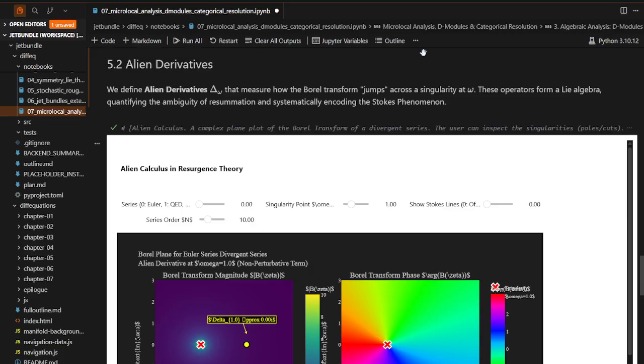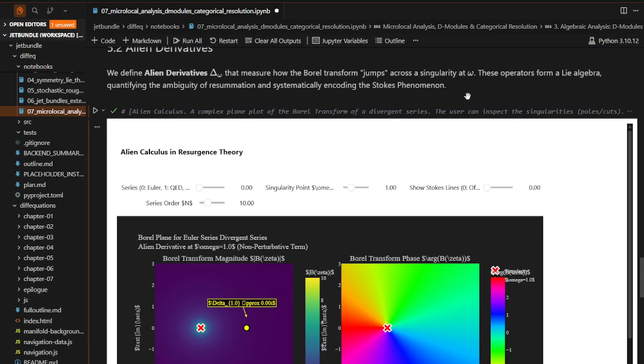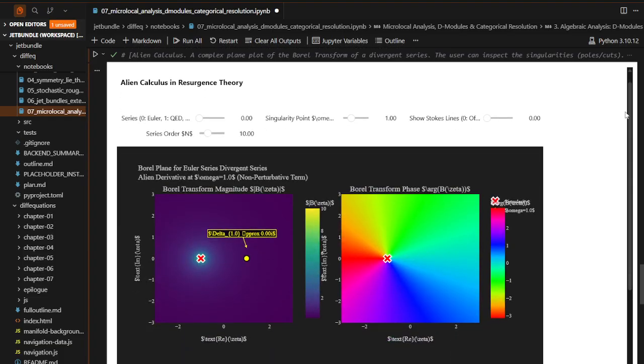And remember, we use this as a mathematical tool to solve differential equations. And so this is where it all comes back together, because these alien derivatives form a Lie algebra, quantifying the ambiguity of the resummation, and they just encode that Stokes phenomenon.